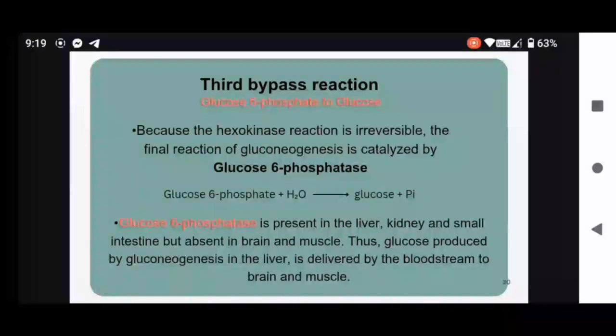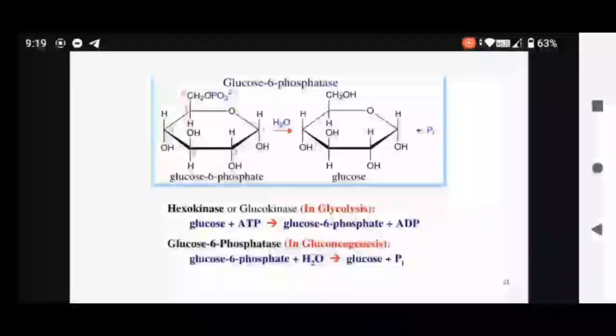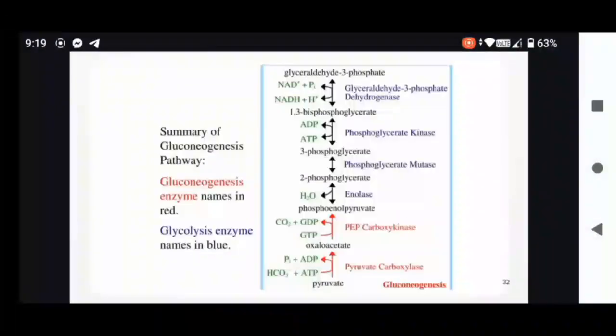It is not found in muscle or brain, so those tissues do not export glucose; they keep it for their own use. With hexokinase or glucokinase in glycolysis, glucose plus ATP yields glucose 6-phosphate plus ADP, while in gluconeogenesis, glucose 6-phosphate plus H2O yields glucose plus Pi.